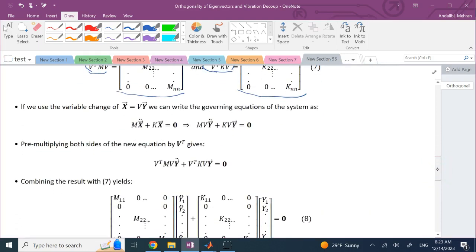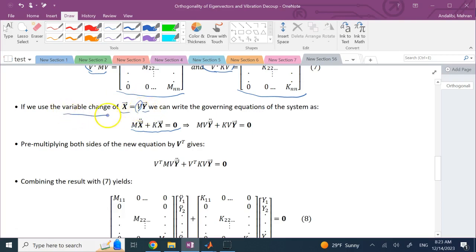So what do we do here? We start with the original governing equation, m x double dot plus k x equals 0, and we change variable from x to a new variable y such that x equals the V matrix times y.